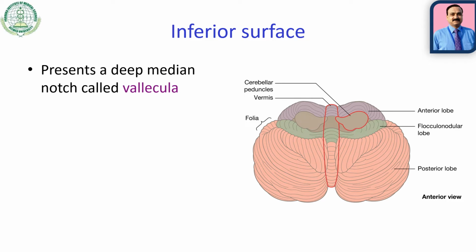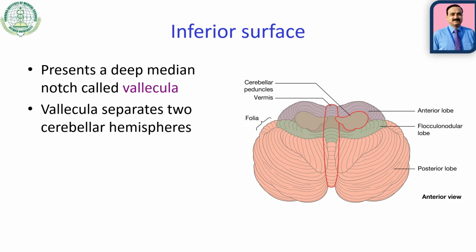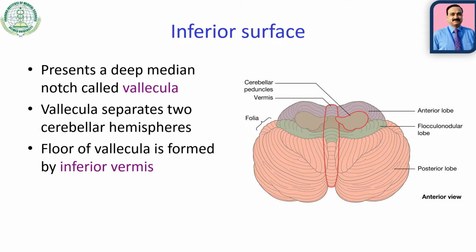The inferior surface, if you see, this is the inferior surface. They present a deep median notch which is called the vallecula. So this portion is the vallecula. This vallecula separates the cerebellar hemispheres.